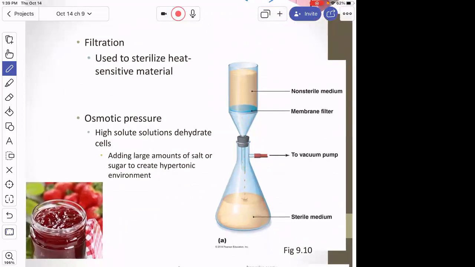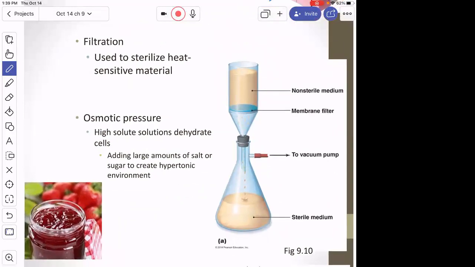If you've got some liquid that you need to sterilize, then you might want to filter all the microbes out. So maybe you've got something like a drug or a vaccine that you can't heat because that would deactivate it. And so you run it through some kind of filter.